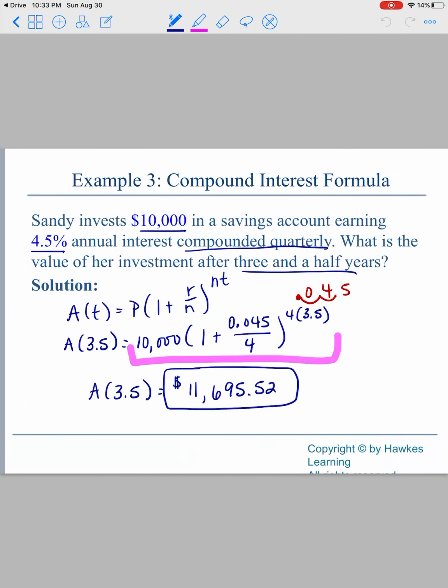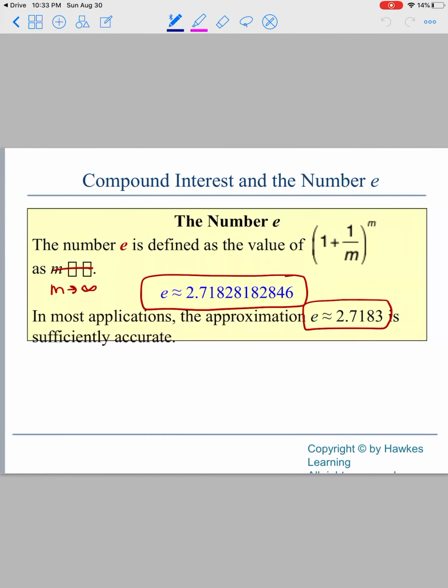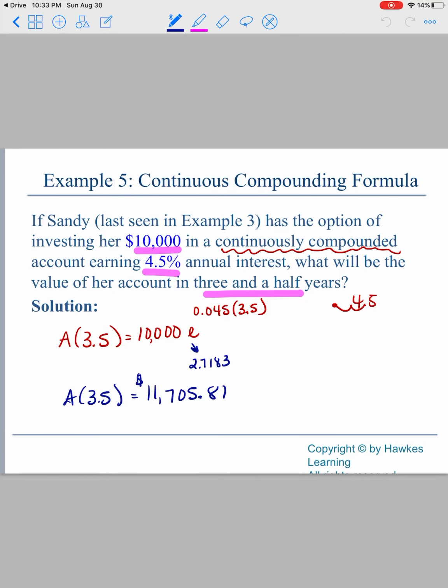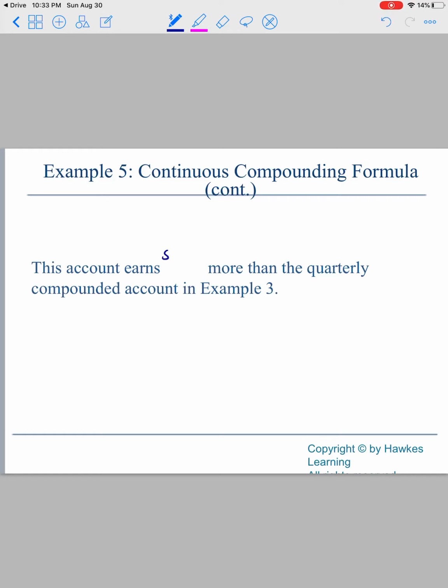Okay, so if I want to know how much more she earns, I'm going to take this number here, the 11,695, and subtract it from the 11,705, which means that she earns about $10.29 more with it compounding continuously than compounding quarterly.